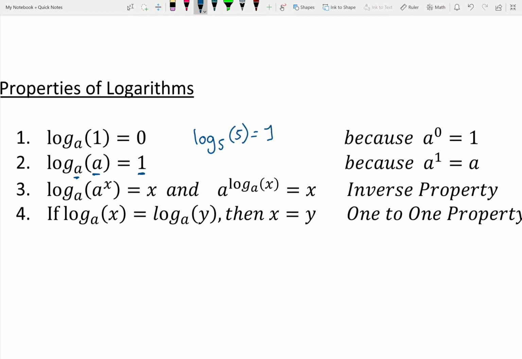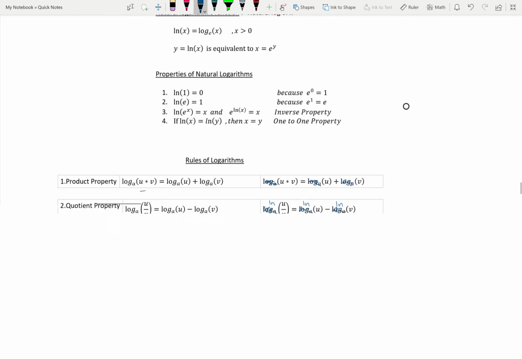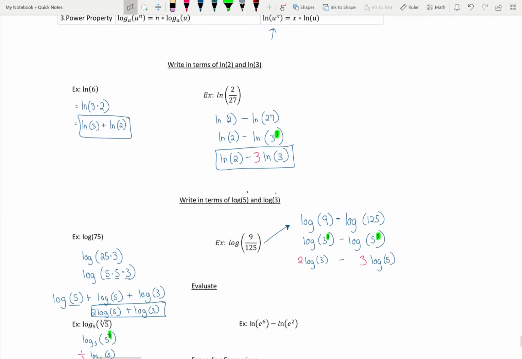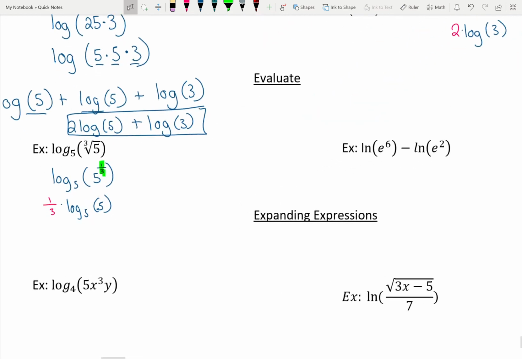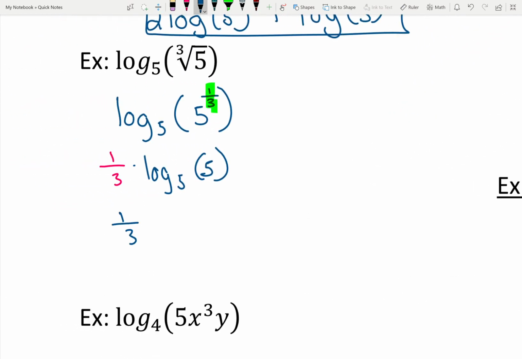So this we know using this rule should equal 1. All right, so let's go back and fill that in. Okay, so this whole thing goes to 1. So I have 1 over 3 times 1 times 1. So it's just 1 over 3 is our answer.